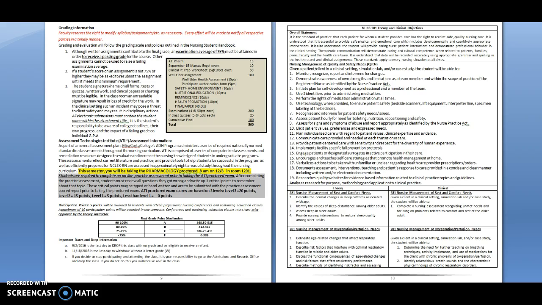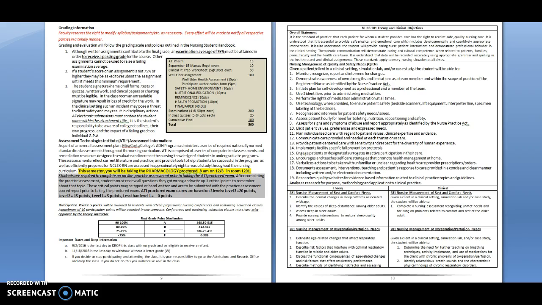And then we have the Well Elder assignment, and that is worth a total of, I think it's 100 points. Yes, there it is, 100. With a final paper that's worth 40 of those points. So then we have 4 examinations at 50 each, some in-class quizzes at 5 points each, and then a cumulative final, which is 100, comes to a total of 500 points.